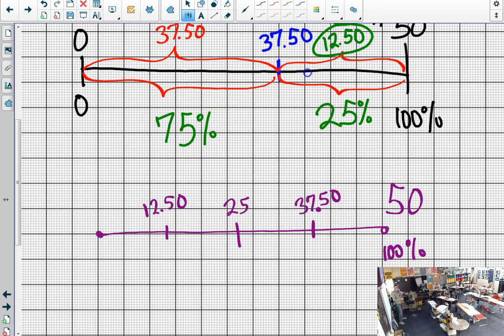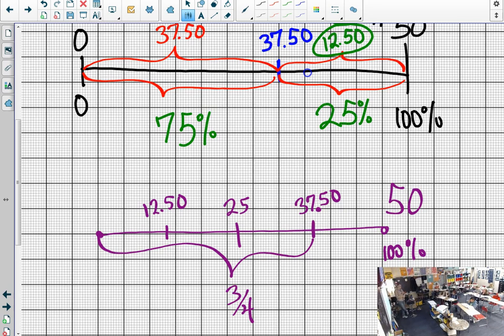What is that as a fraction? So if 25 is a fourth, which reduces down to, this is 3/4 of the original price.